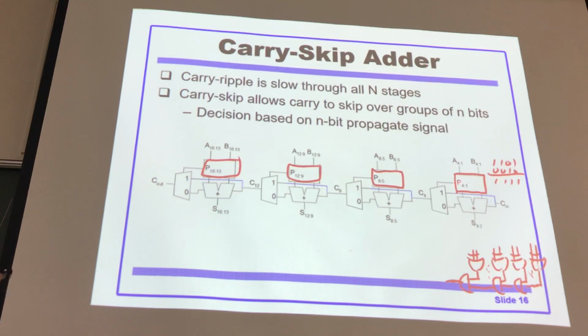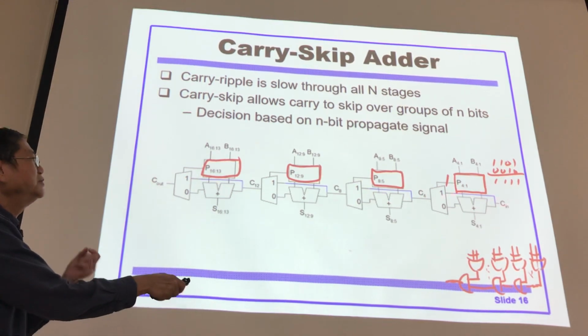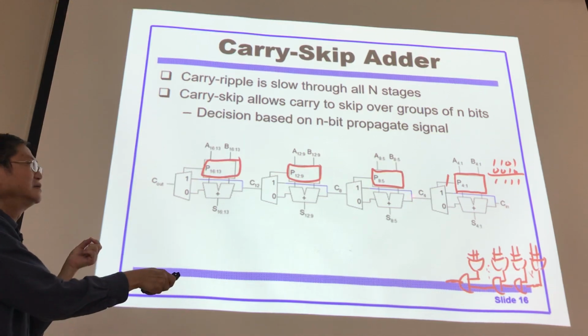if carry propagate, the group propagate is 1, you choose this. Because you have 1, 1, 1, 1. If carry is 1, you have carry out 1, right? The multiplexer determines choosing this one or choosing this one. If this is 1, you have group carry propagate. Then carry in 0, you get 0. Carry in 1, you get 1.